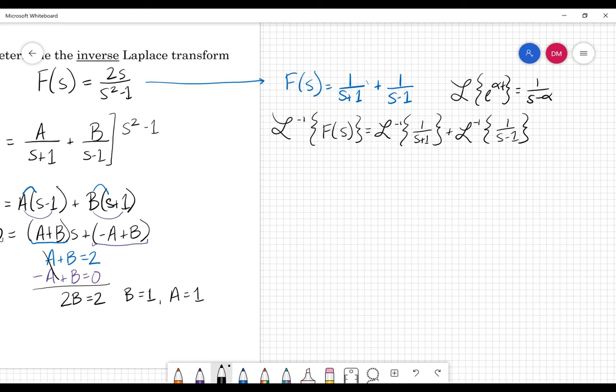All right, and using this fact right here, it looks like, obviously, to take the inverse Laplace of capital F of s, I would get lowercase f of t, which is what we wanted.